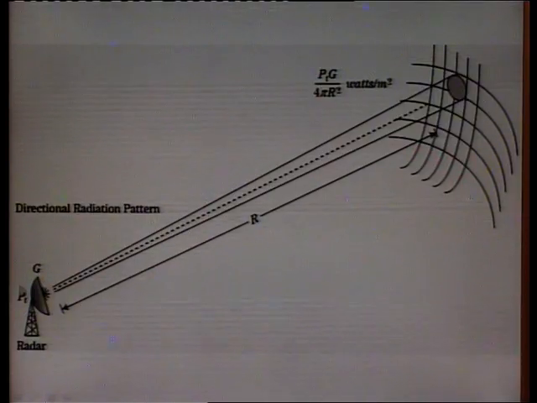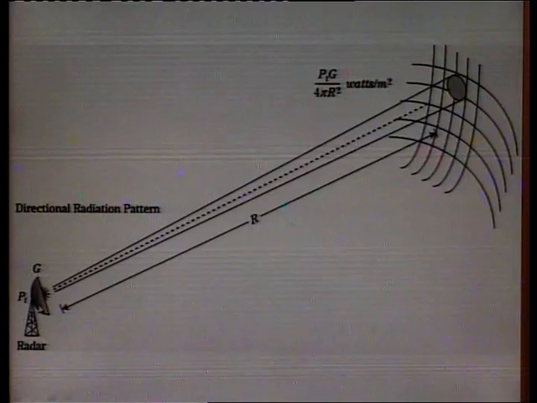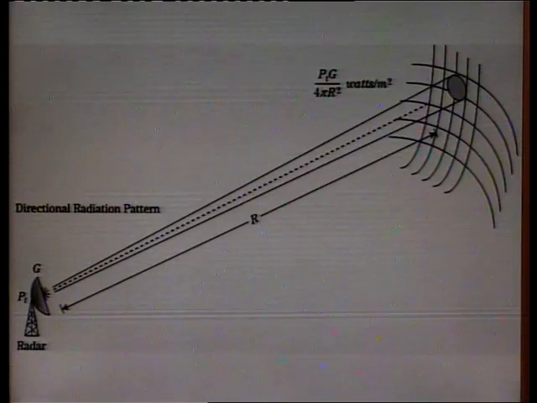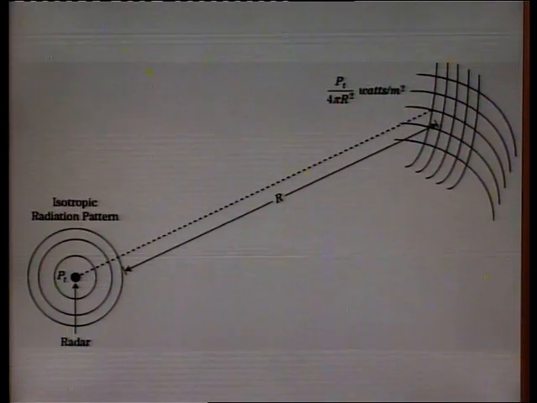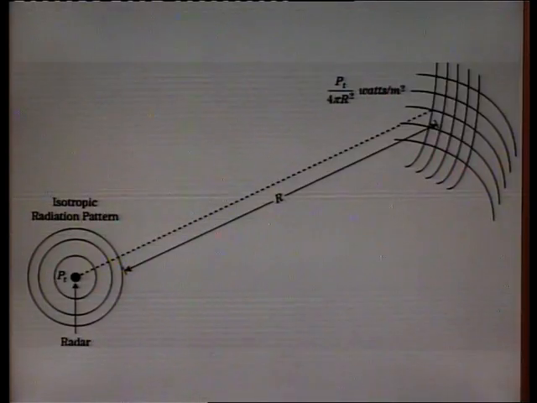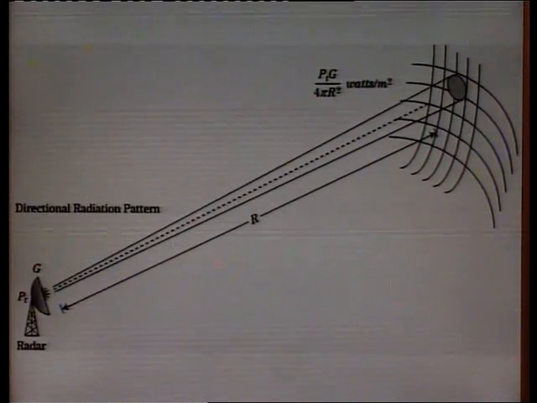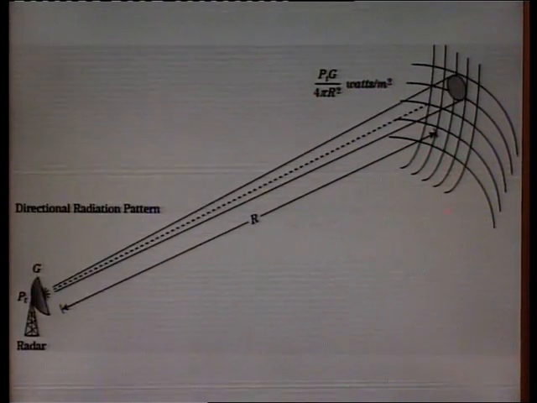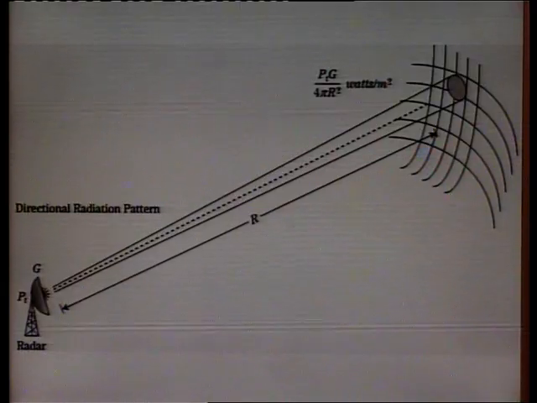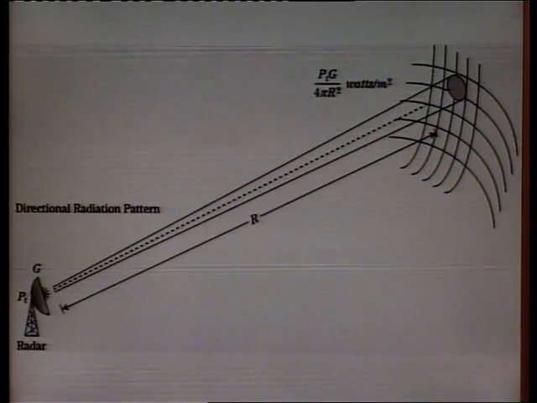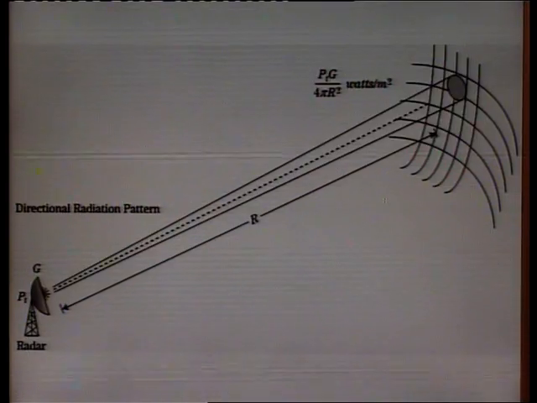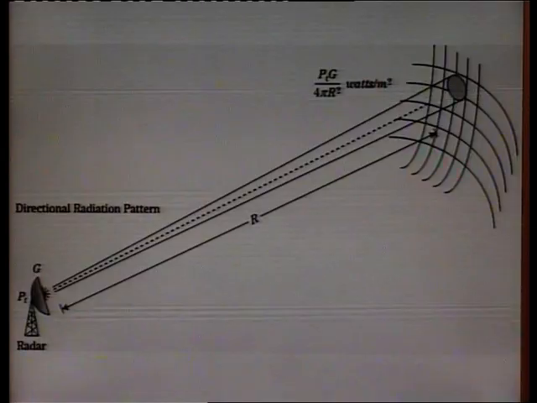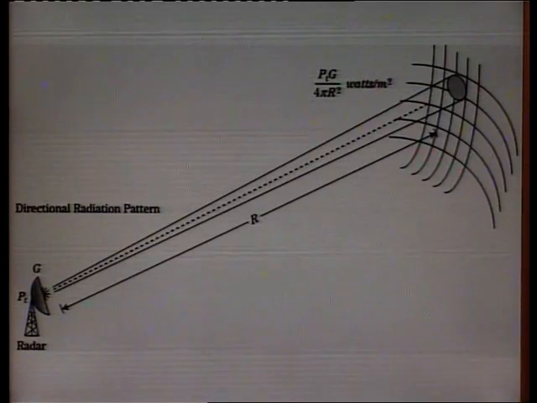If we use a radar which is directional, now you see the difference between these two figures. This is the isotropic radiation pattern, meaning an omnidirectional antenna or radar, and the next is the directional radiation pattern. Here the radar has some directivity. As I said earlier, one of the prerequisites of radar is that it should be highly directional, or the directivity of the radar should be high.